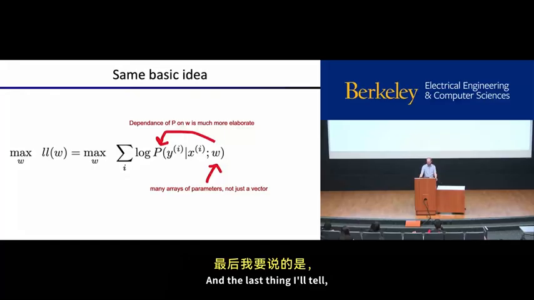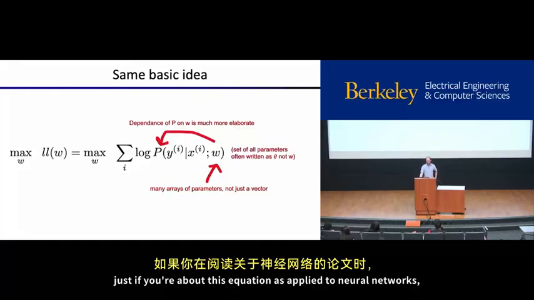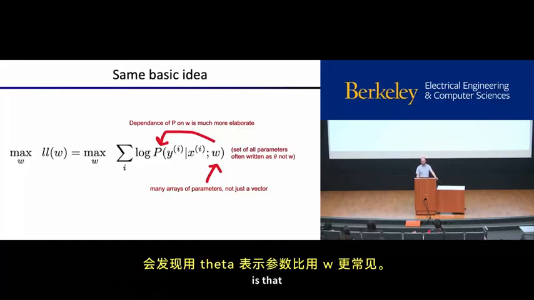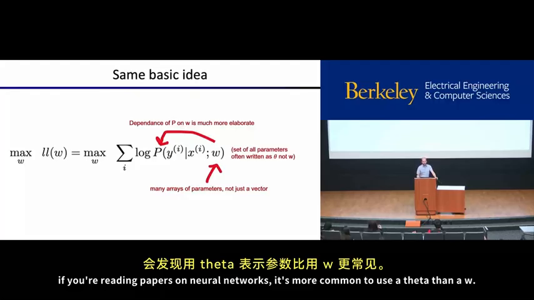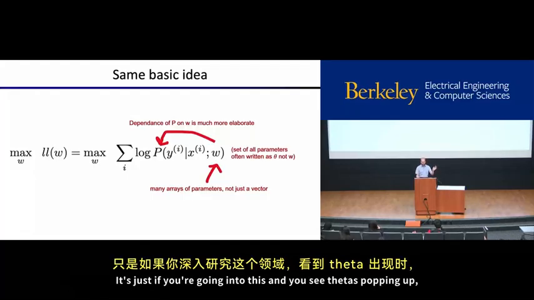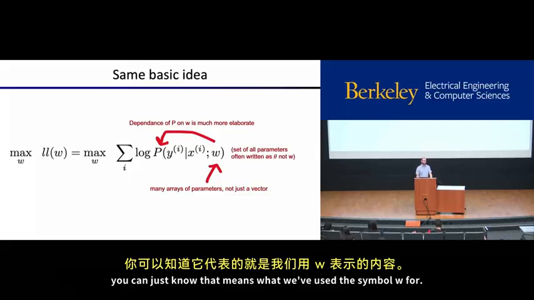The last thing I'll tell you about this equation as applied to neural networks is that if you're reading papers on neural networks, it's more common to use a theta than a W. You don't need to know that. It's just if you see thetas popping up, you can know that it means what we've used the symbol W for.